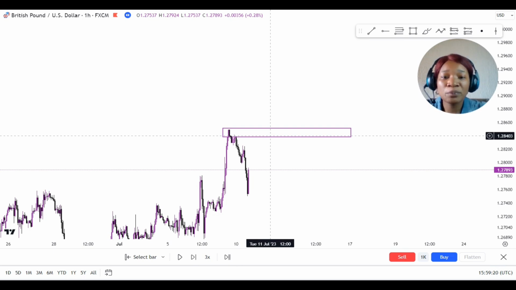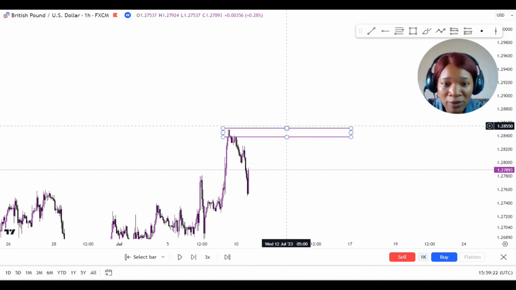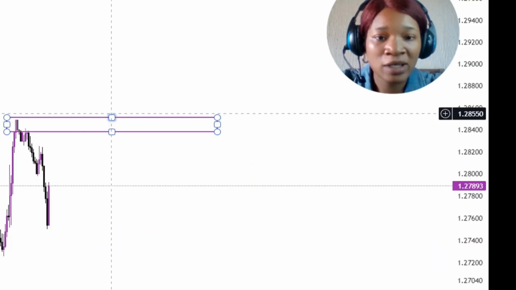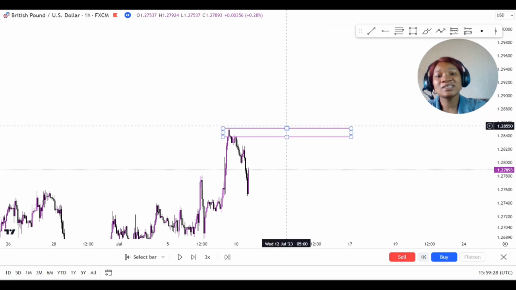So until price comes maybe somewhere here, 1.2855, until price reaches that level above this zone that I have marked, that is the only place I'm comfortable getting into this buy position. I'm telling my broker, put me in this trade as long as price comes to meet me from behind, and let us continue the buy position.